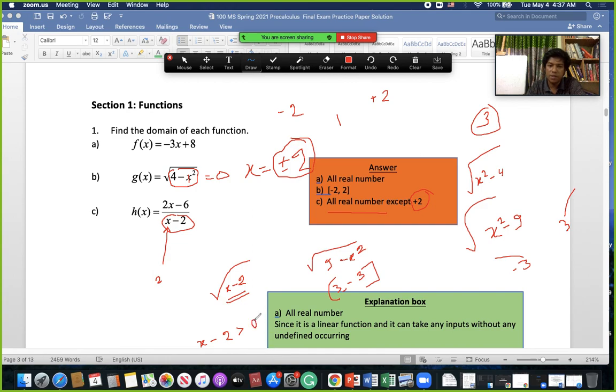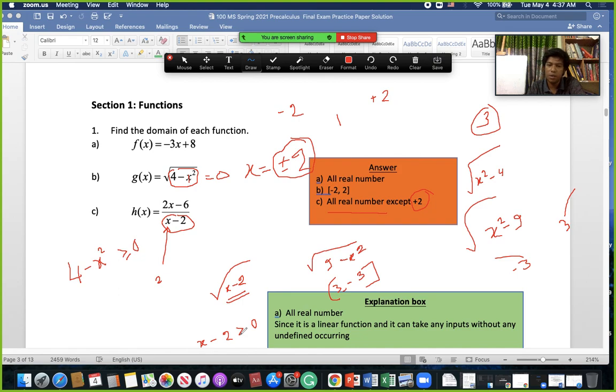What I'm saying is, suppose in this question you can write 4 minus x square greater or equal to 0. So this number has to be greater or equal to 0 for this function to be valid. But in this kind of case, if we keep root of x minus 2, then you cannot write greater or equal to, you just have to write greater than.